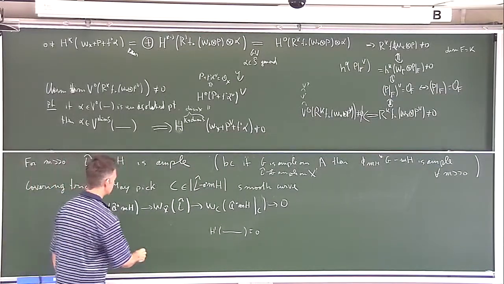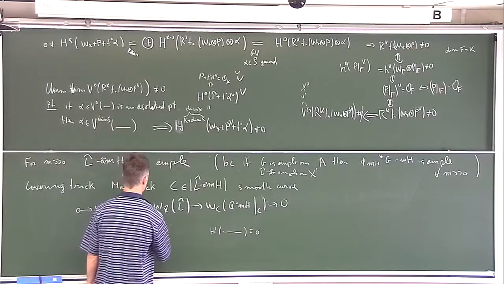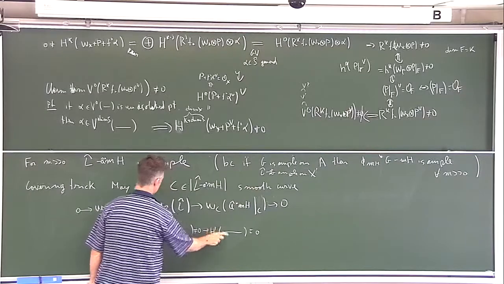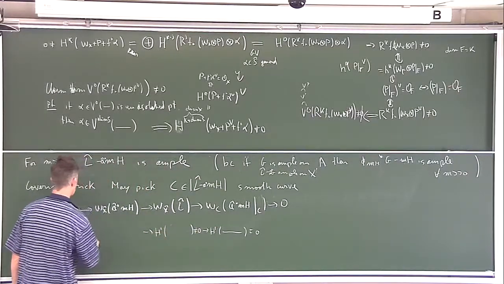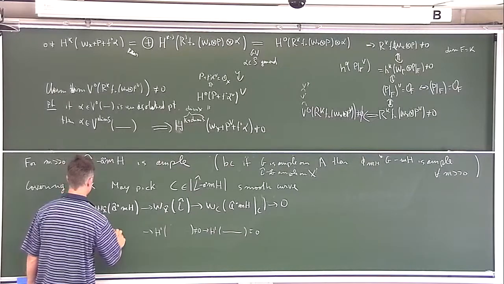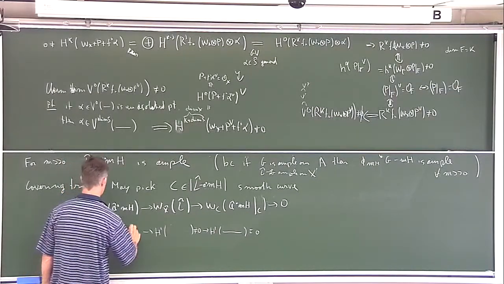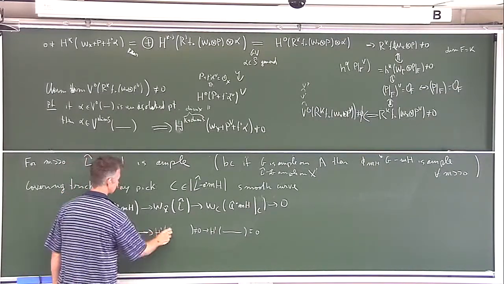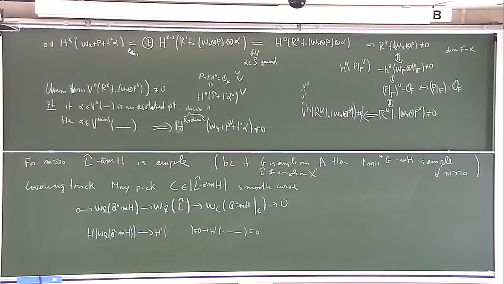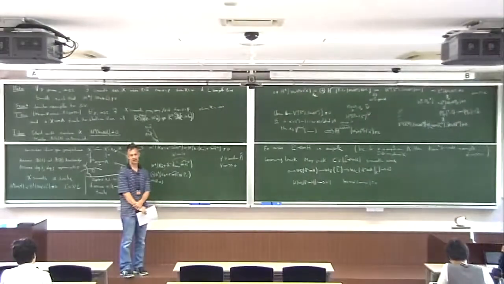So then you have H1 of this guy, which is non-zero, mapping to something 0. So H1 of this guy must surject onto a non-zero group. So that one is also non-zero, and so you violated the generic vanishing condition.